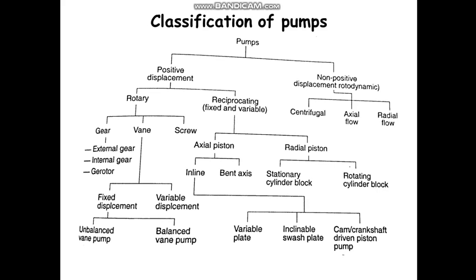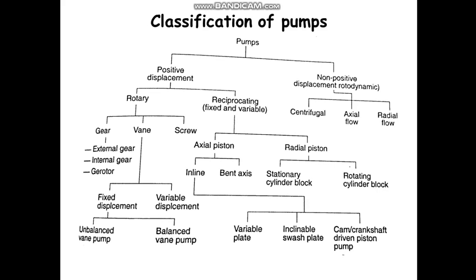It depends on how much the element is rotating, and it completely depends on the centrifugal force. Positive displacement pumps are divided into two further types. One is rotary and another one is reciprocating. If the elements used to create the pumping action are rotating, then the pumps are classified as rotary pumps, and if they are reciprocating, then they are called reciprocating pumps.